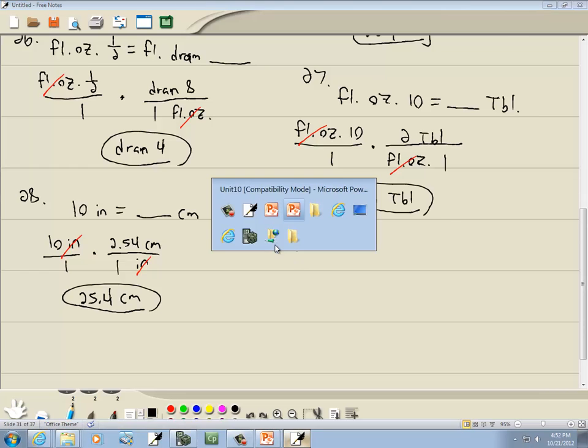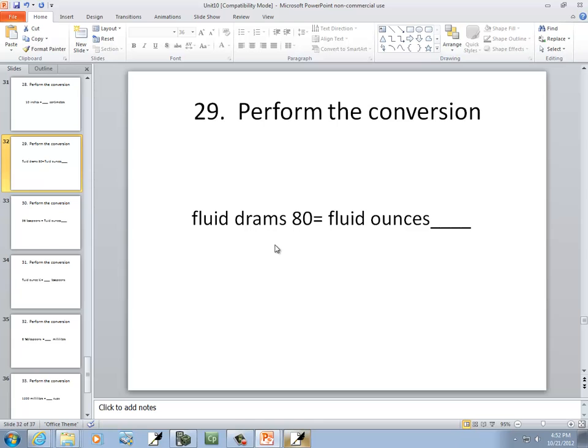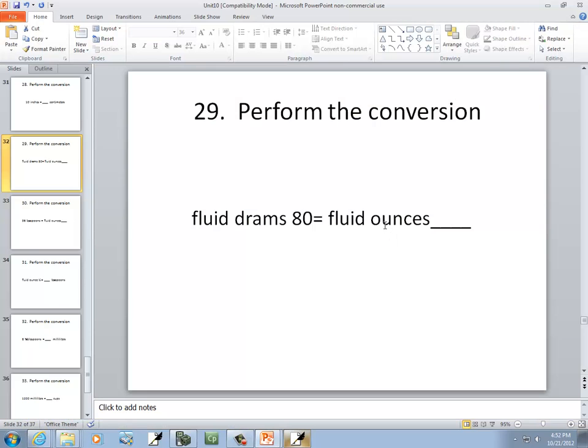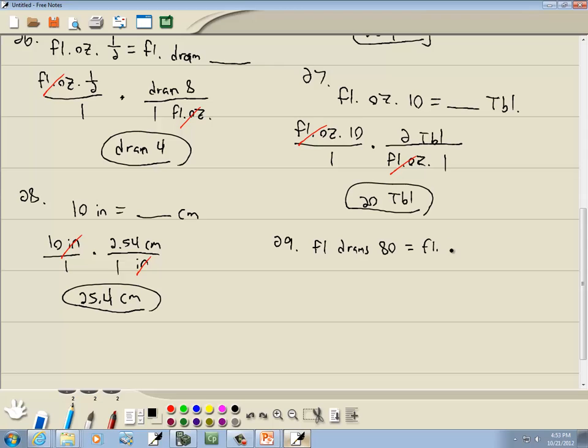And our number 29, we got 80 drams. Fluid ounces. Okay, so we got our fluid drams. 80 over 1. Fluid drams is up there, then fluid drams is down here.